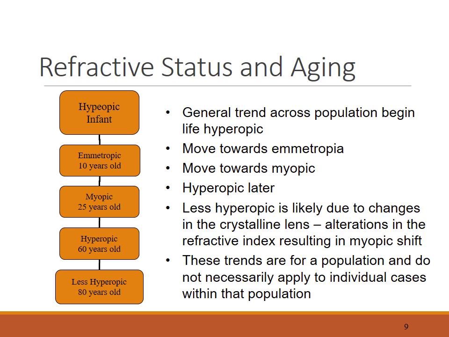When you reach 80 years old, it becomes less hyperopic. This is due to changes in the crystalline lens, alteration in the refractive index, resulting in a myopic shift. However, these trends are for a population and do not necessarily apply to individual cases within that population.